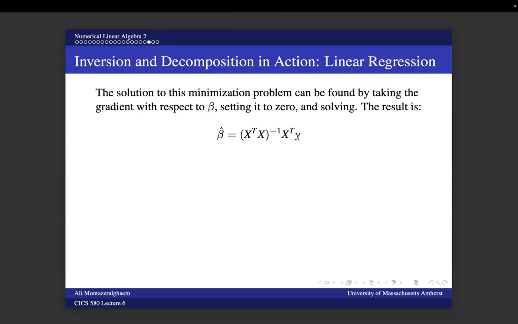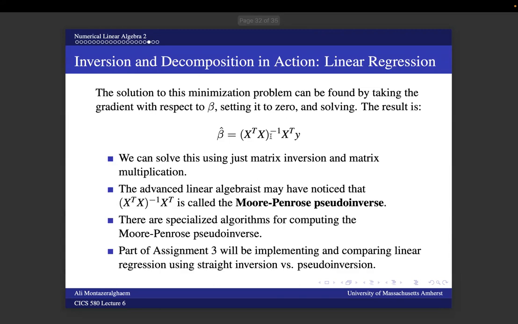times y. As you can see, we need to compute the inverse of this matrix, x transpose x. We can solve this using matrix inversion and matrix multiplication from linear algebra.